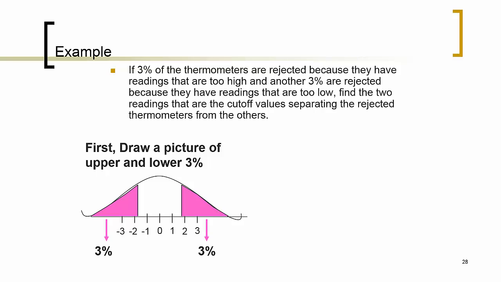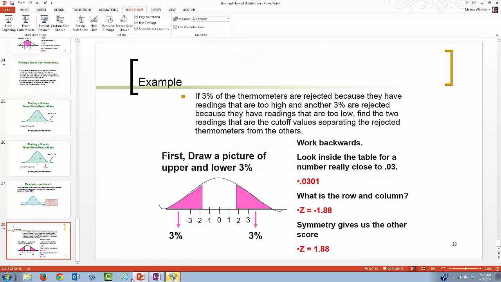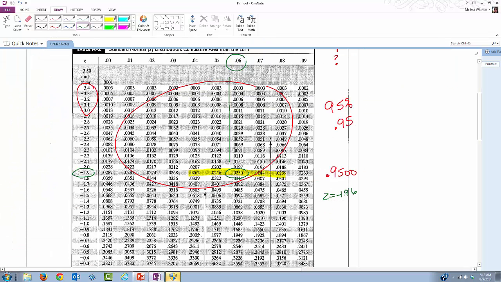Okay, so let's look in the body of the table for a number really close to 0.03. Now, this one is going to be a situation where it doesn't land exactly on the number. So let's look at the table together and see what that looks like. Okay, so I'm going to scan through the body of this table and look for the number closest to 0.03.